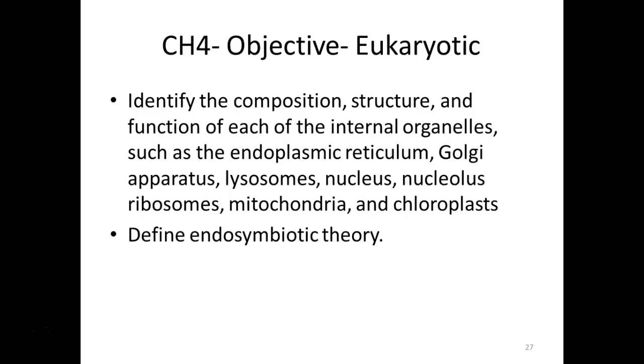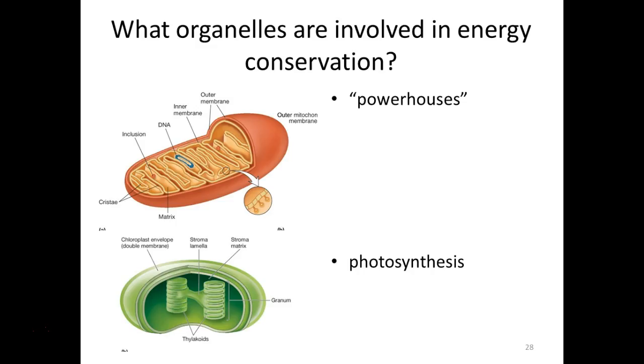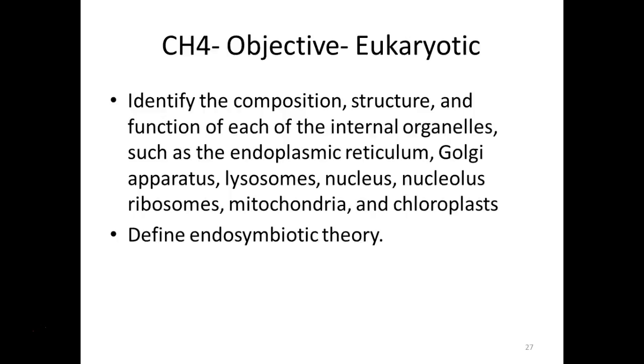So the last is somewhat of a review from what we talked about in the beginning, all the different organelles and how they function. Should be a review from biology. And then endosymbiotic theory, I can't remember if I wrote it out, is the belief that the mitochondria and the chloroplast were once free-living prokaryotes engulfed by an early eukaryote, and they began that symbiotic relationship, so much so that they can't exist without each other anymore.